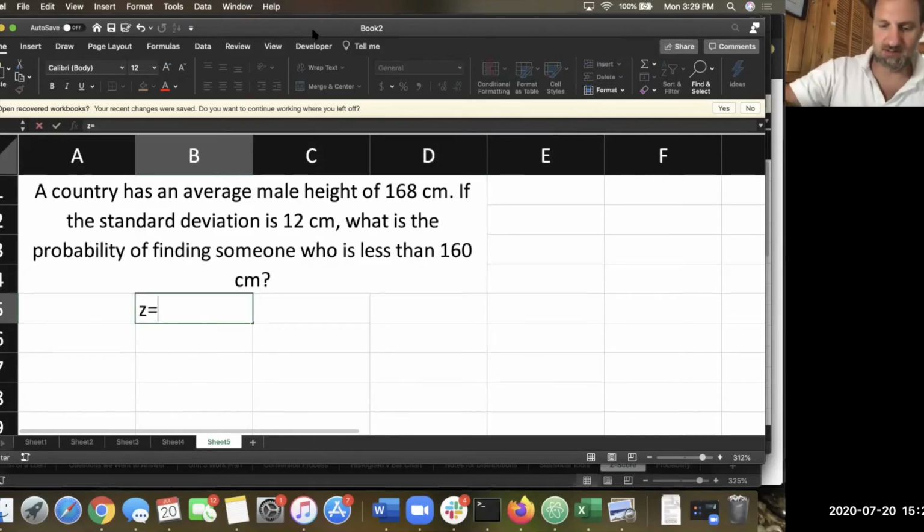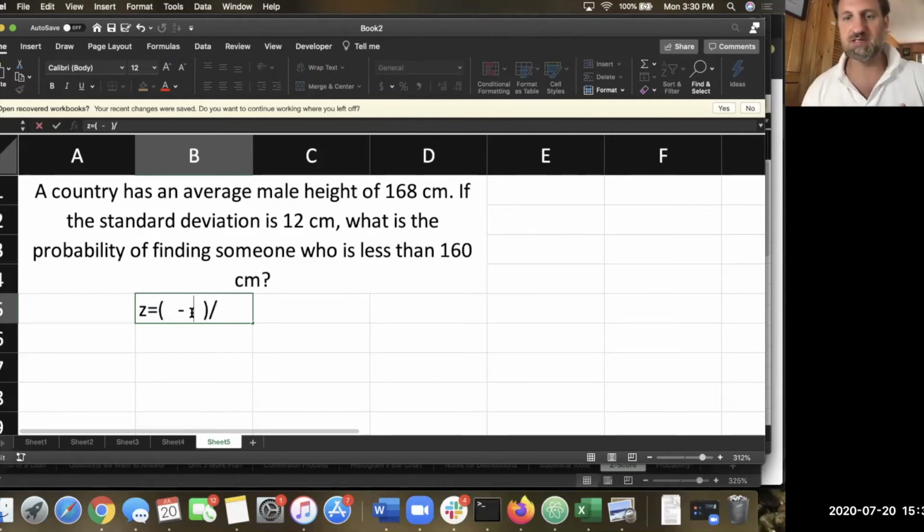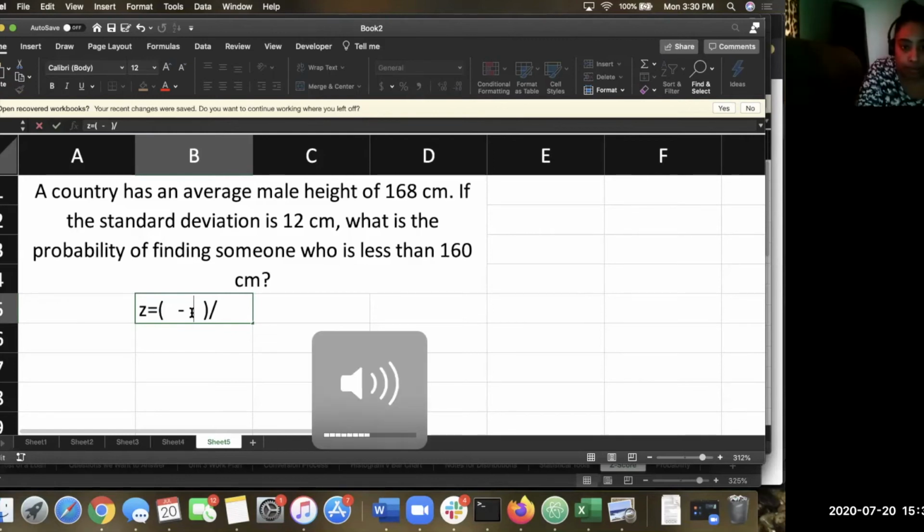Since nobody's jumping out there, let's just work on how we would calculate the z-score. Something minus something divided by something. What numbers were you able to put in place? 168.